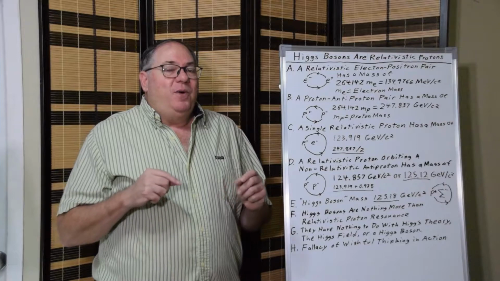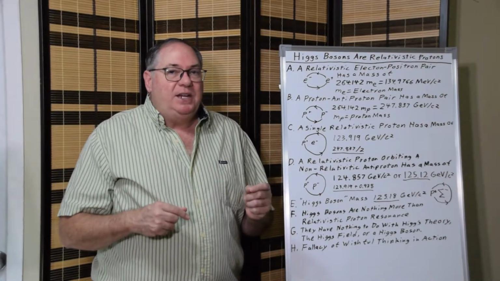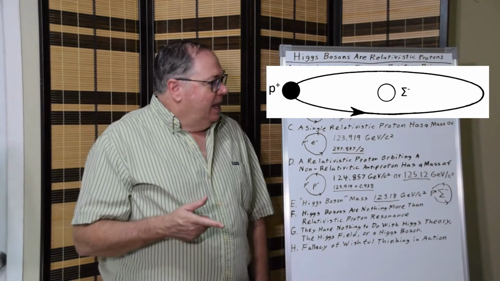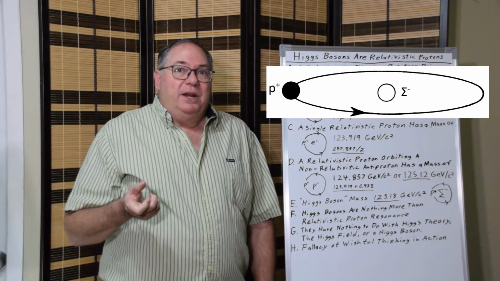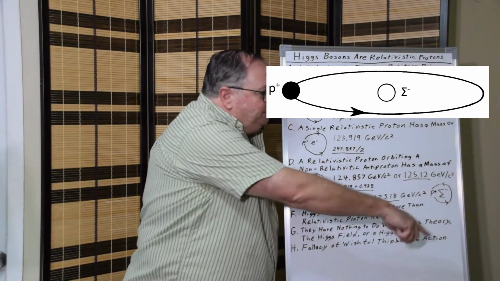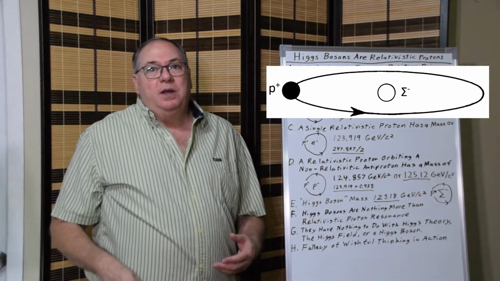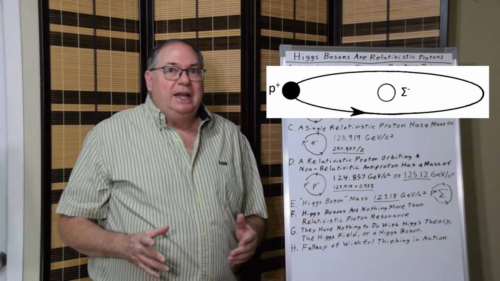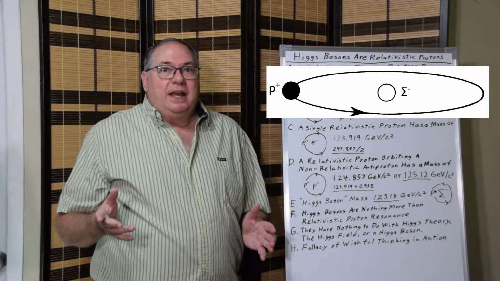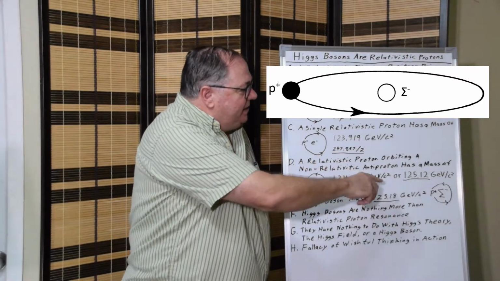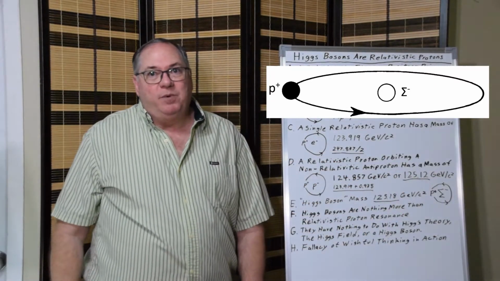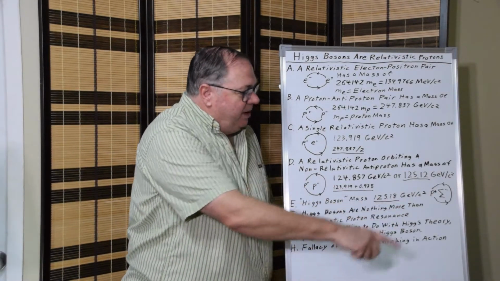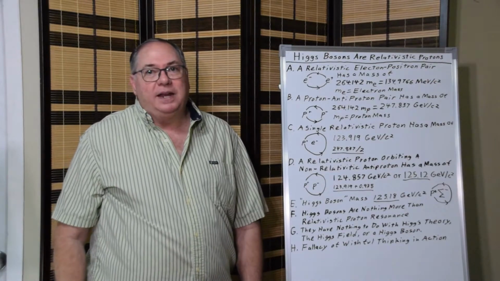Now, if you consider the case where you're not producing antiprotons through pair production, then what you might have in the middle is a negative sigma. A sigma baryon, which has 1,197.449 MeV. And if you add that in instead, you get 125.12 GeV per c squared, which brings you right up to the 125.18.